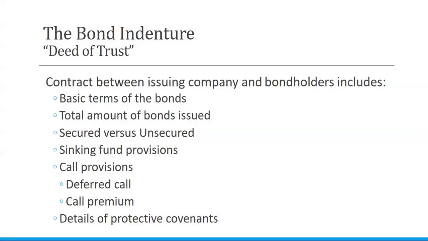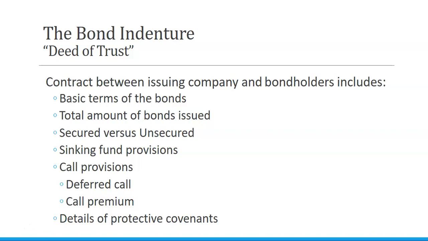When we create a bond, we create what is called a bond indenture. The bond indenture is a very large legal document, also called the deed of trust, that discloses all of the items within a bond provision.